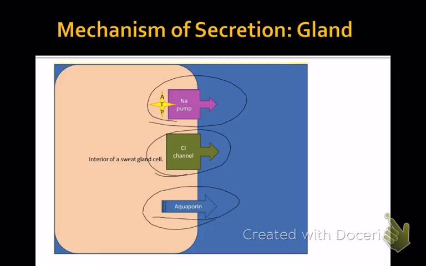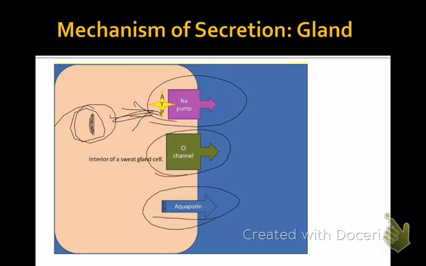The arrows tell you which way things are moving. What am I doing first? I'm going to pump sodium. I'm going to use active transport to deliberately push sodium out of the cell. I'm going to use ATP and active transport to do that.